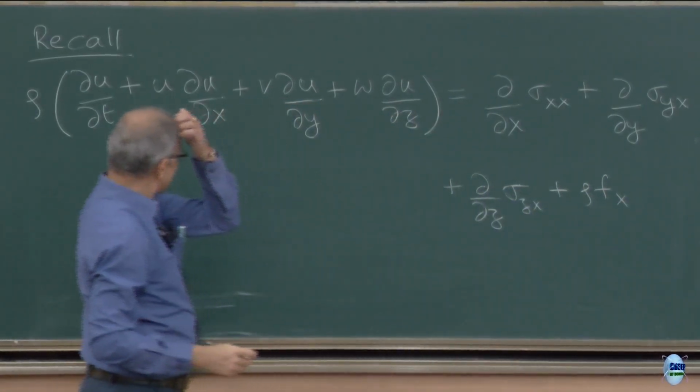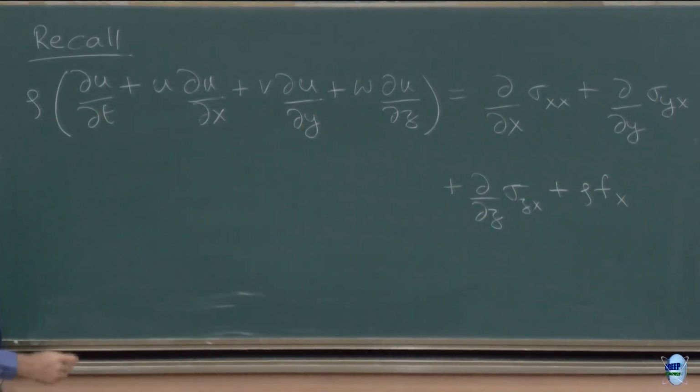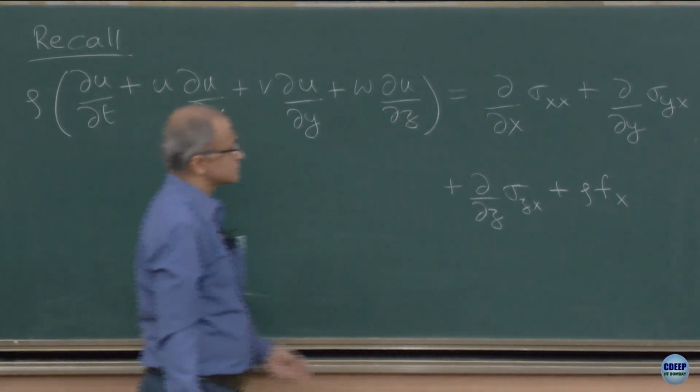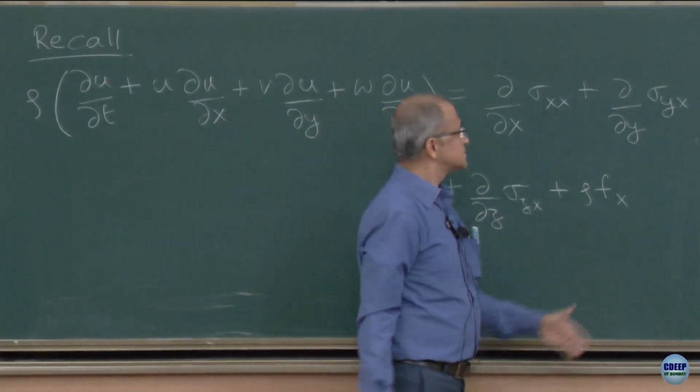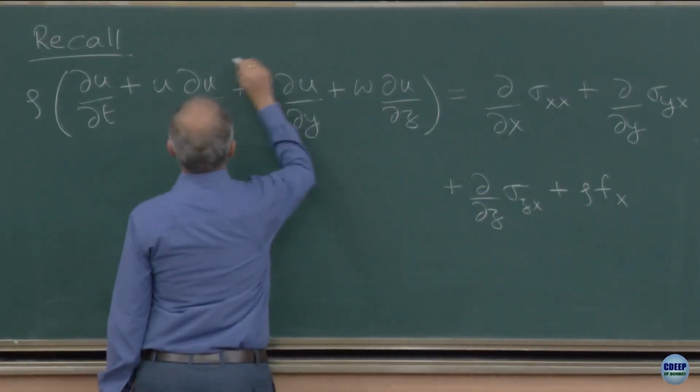So these are the terms that we had in our equation. Looking at this equation, this is our Cauchy's equation, if you recall.